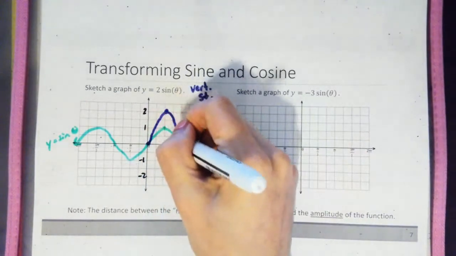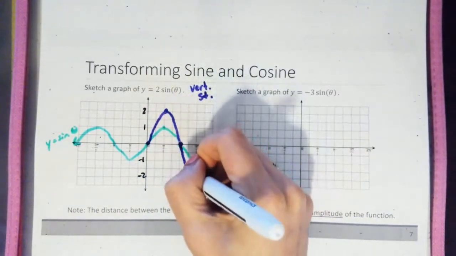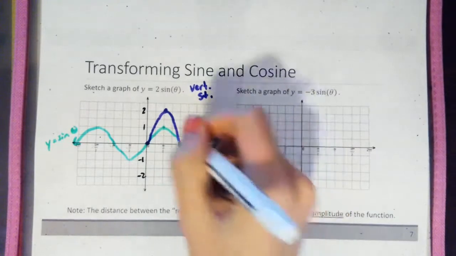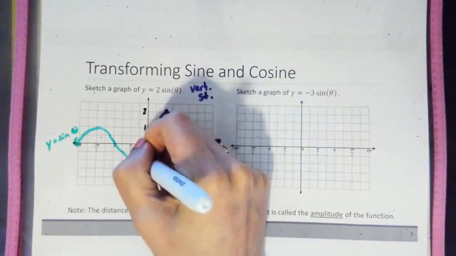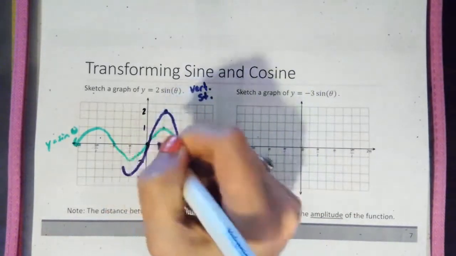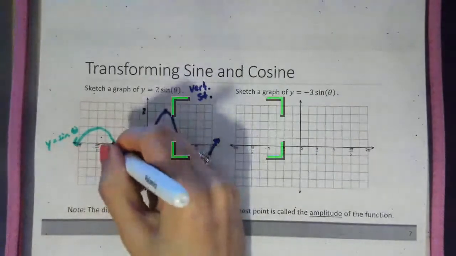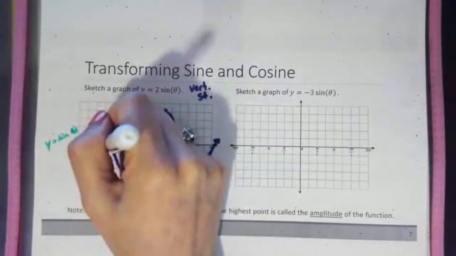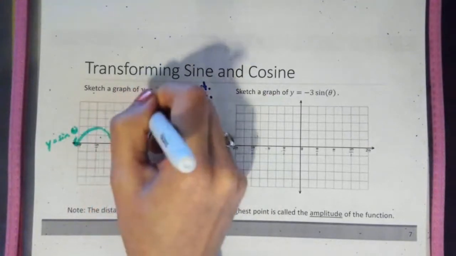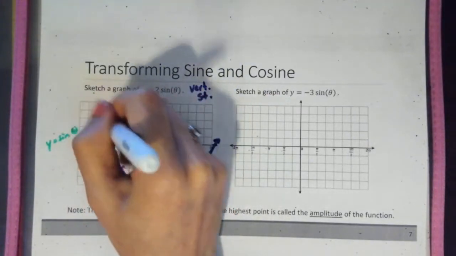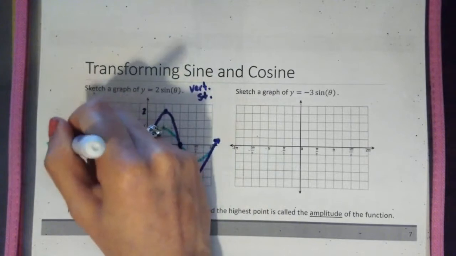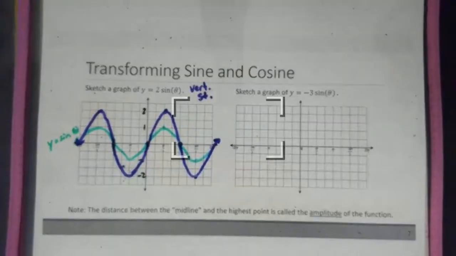So we're getting the same look of a curve, it's just stretched vertically. So instead of going between -1 and +1, we're going between -2 and +2.